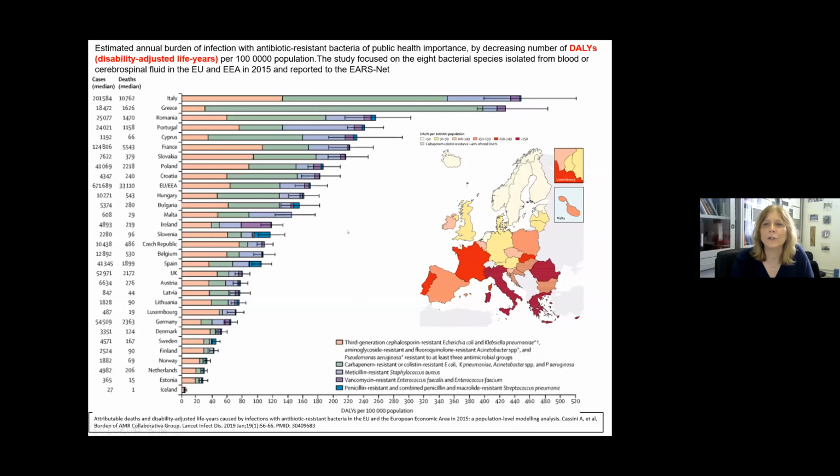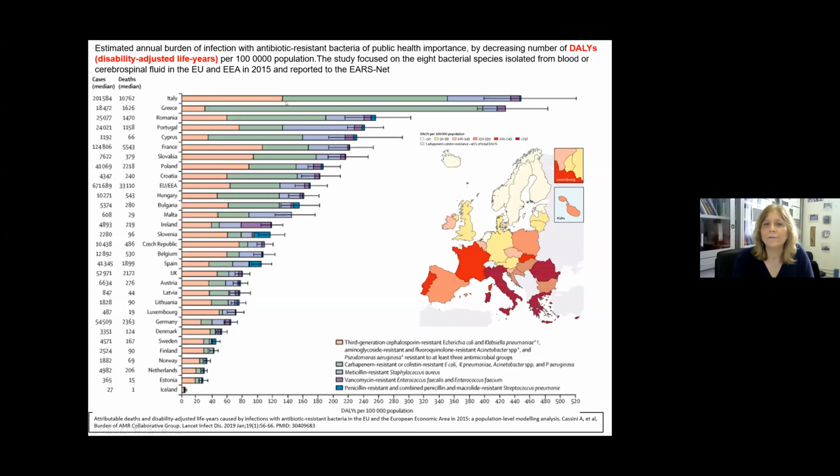It's a measure of the years of life lost because of antibiotic-resistant bacterial infections. It is net of the previous condition of the patient, and the relevance of these data pushed Italy to take measures, and this is the reason why we now have a plan for the control of antimicrobial resistance in our country.